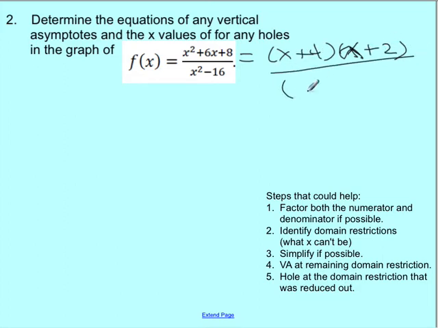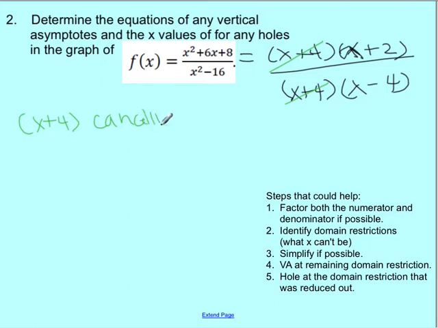And then my denominator is a difference of perfect squares, so it's x, and then the square root of 16 is 4. Then there's always a positive and a negative. And then I would notice my x plus 4s will cancel. So when they cancel out, maybe I'll write out a little note. The x plus 4s cancel out.